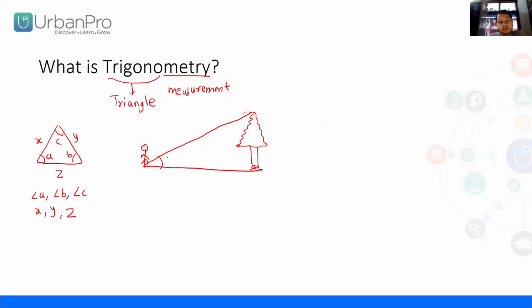Suppose this angle is 30 degrees, and you know the distance, which can be taken as 2 meters. So you can find the height of this tree with the help of trigonometry. Got it? So this has application in our day-to-day life. There are lots of other applications also. So this is one example.